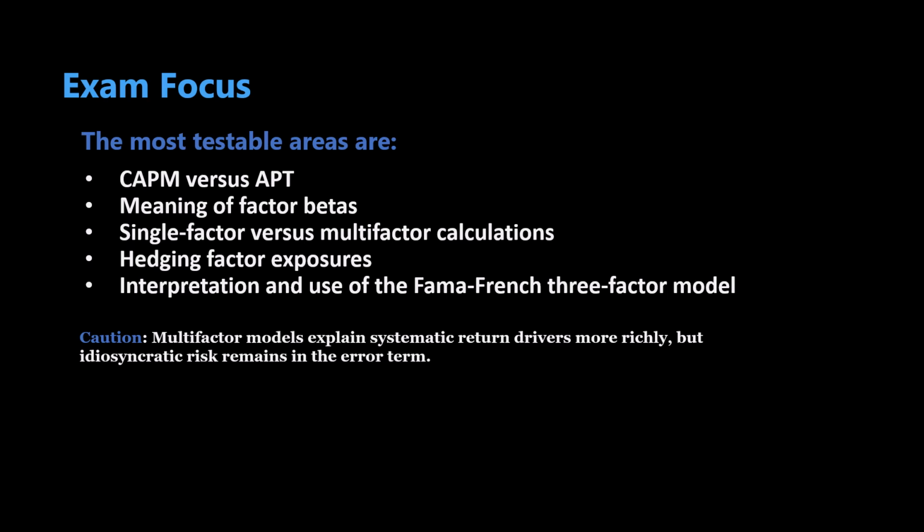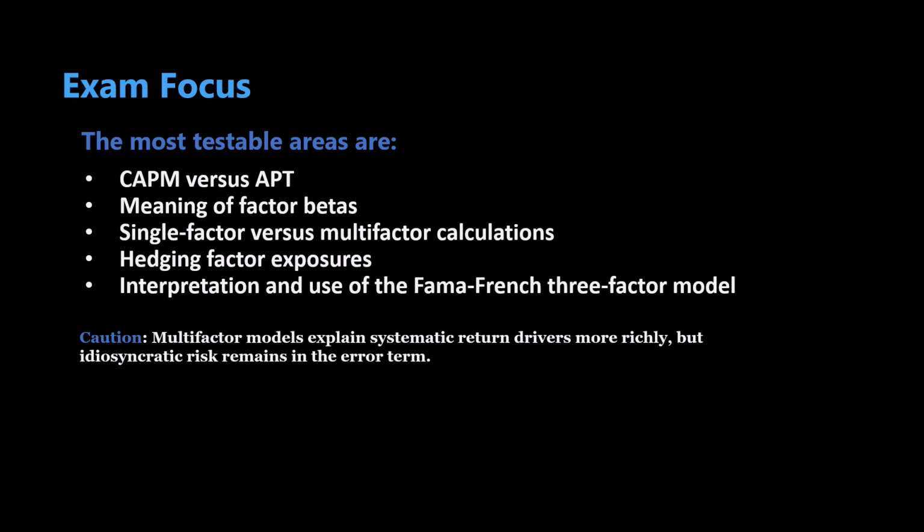The third is single factor versus multi-factor calculations, where you compute predicted return changes from factor surprises. The fourth is hedging factor exposures, especially the idea that neutralizing one factor may unintentionally create exposure to another. And the fifth is interpretation of the Fama-French model.